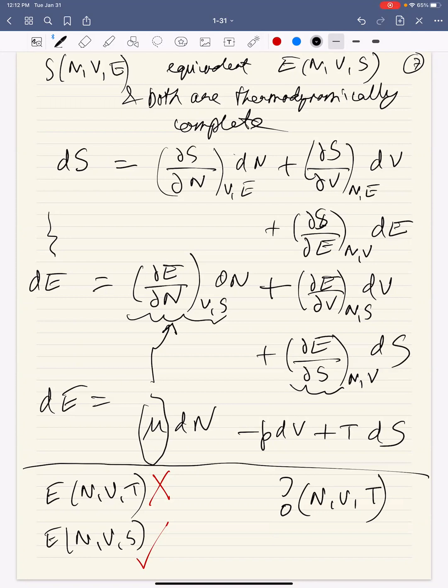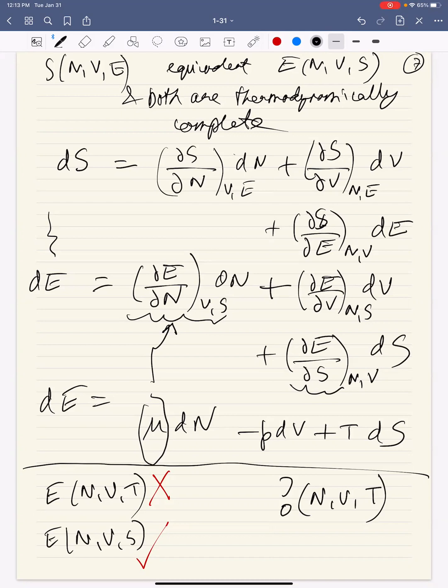Why do we want to do this? Because when we perform an experiment, we can measure the number of particles. I can have some way of counting how much coffee I have here. We can measure the volume. I see the size of my cup. Can I measure the entropy of this cup of coffee? No way. I don't know how to do that. I can, however, measure the temperature. So NVT are nicer variables to manipulate relative to NVS.